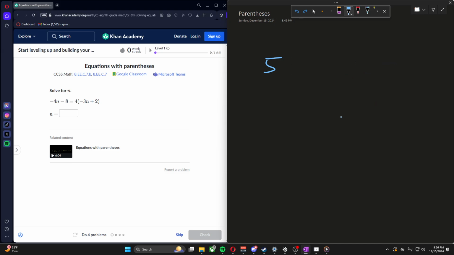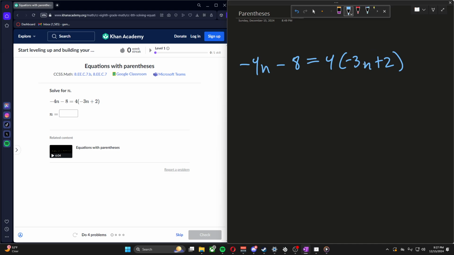In the situation of this equation, we have negative 4n minus 8 equals 4 parentheses minus 3n plus 2. Now, we have to do PEMDAS first, right? But we can't do it in the way we would normally do it, right?